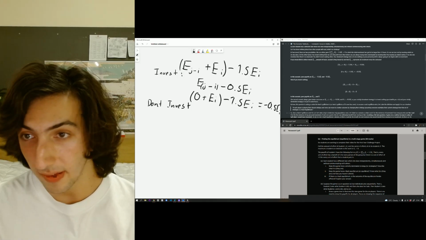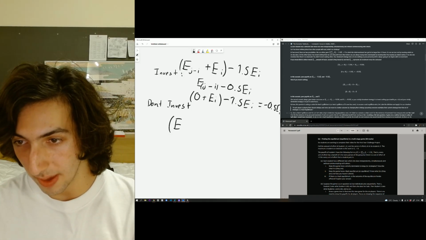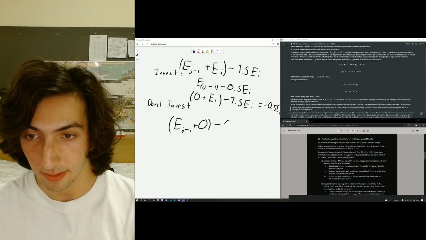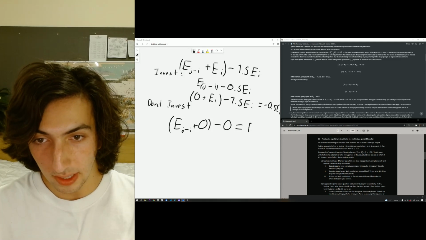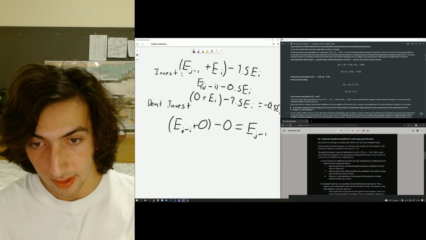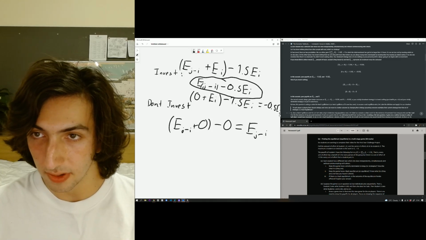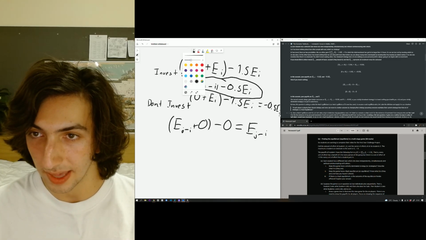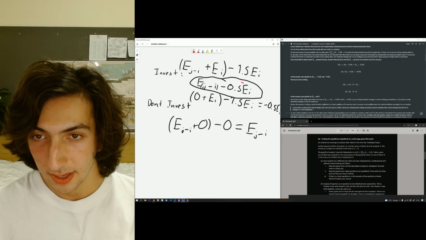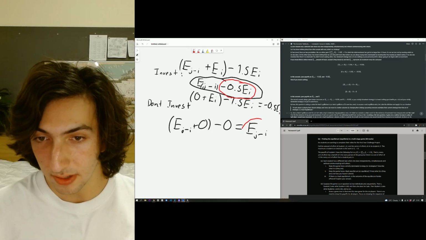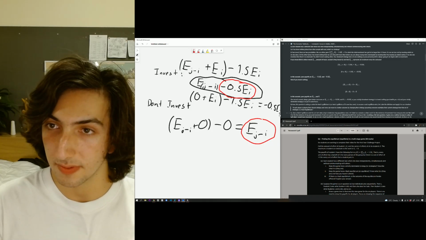Now, if we don't invest, the equation looks something like this. We have everyone else's investment plus nothing minus nothing, so that is going to be E_{-i}. Now, comparing this to our outcome here, we can see the distinct difference, let me get a red pen just to make this clear, is that when we invest, we have minus our investment, and when we don't invest, we have just the investment of others.